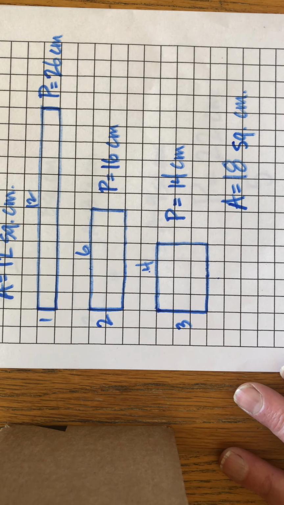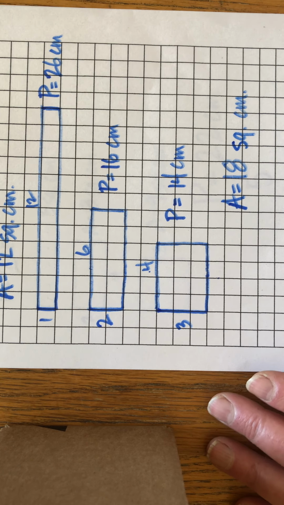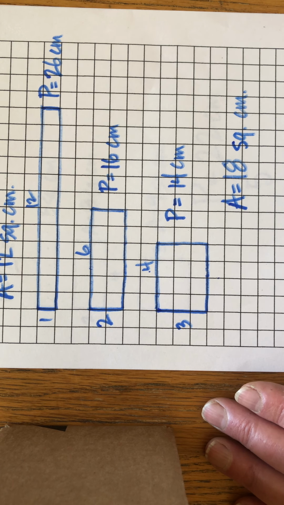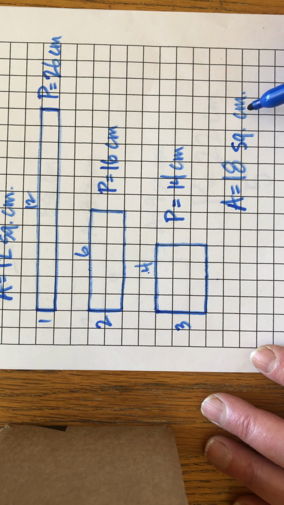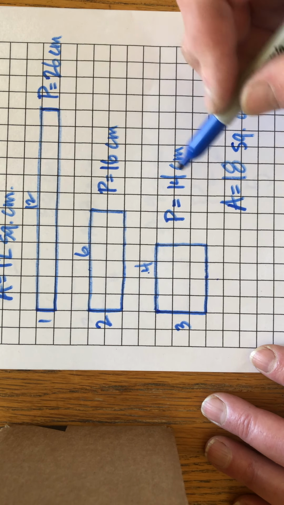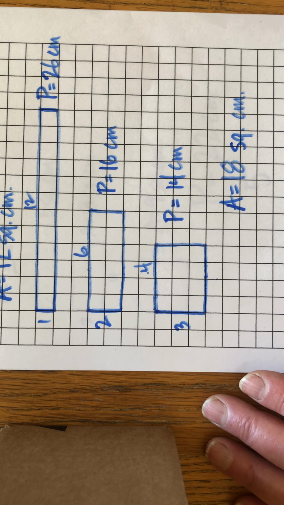So I want you to make, well, I'll tell you, there are 3 different shapes that have an area of 18 square centimeters. And then I want you to calculate what the perimeter is of those 3 rectangles and see what you notice.